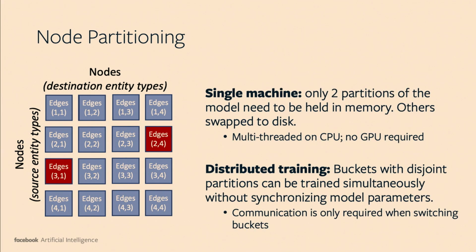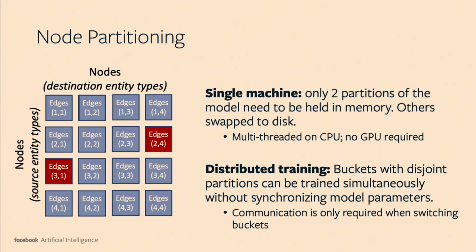And what this buys you is that, for example, if you want to train on a single machine, you get this temporal locality property where you can train on this whole bucket of edges in 3,1, and you only need to store part of your model in memory, like the embeddings for shard 3 and shard 1, and everything else can be swapped out to disk.